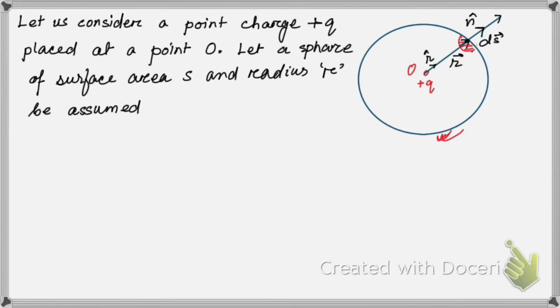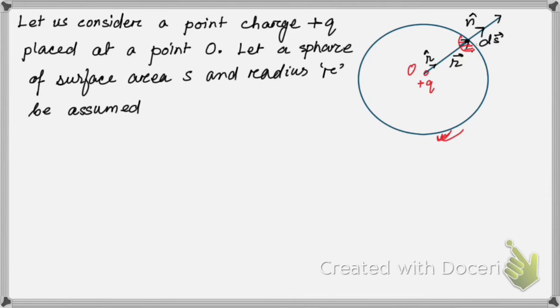So the Gaussian surface, as I have already told you, is an imaginary closed surface where at all points on this surface the electric field intensity is the same, constant.